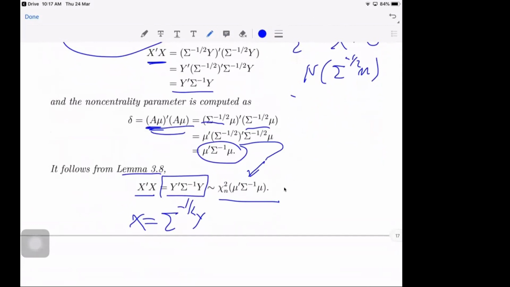A mu prime A mu, but your A here is sigma raised to the negative 1/2.